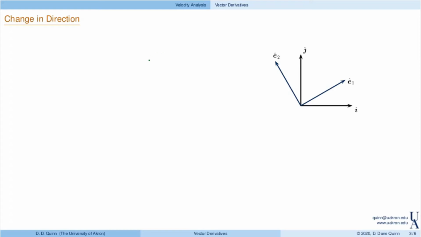So here I have two sets of vectors. I have I and j, and I'm going to assume those are fixed in the ground, and we'll let E1 and E2, now both of these are unit vectors, right? They have little hats over them. So let them be inclined with angle theta, right?